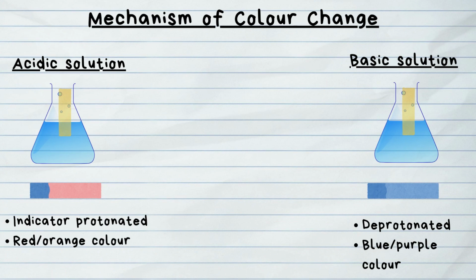And what happens in a basic solution? The indicator becomes deprotonated, and the color changes to blue or purple. Remember this important idea. pH paper changes color because the arrangement of electrons changes, which changes how light is absorbed. Science may sound complicated, but once you understand the idea, it becomes super interesting.